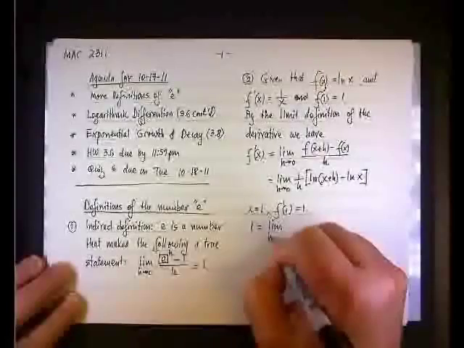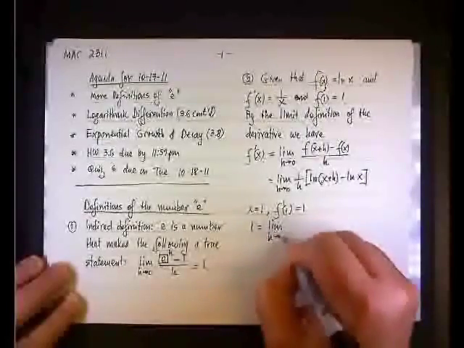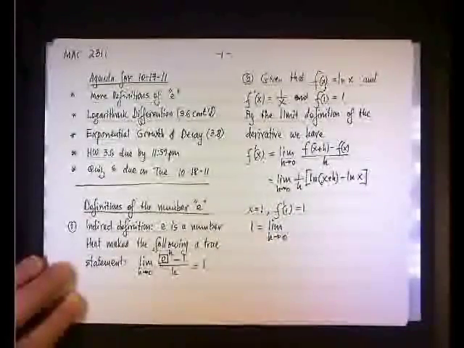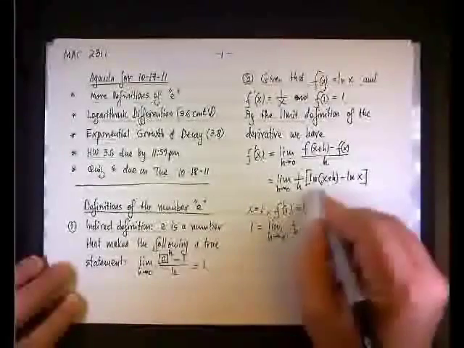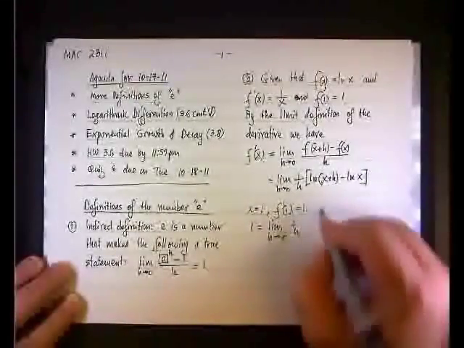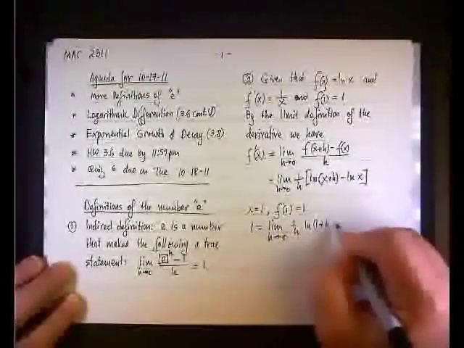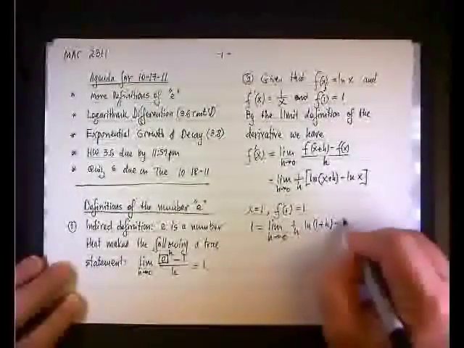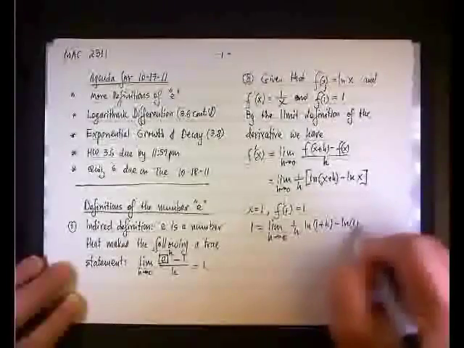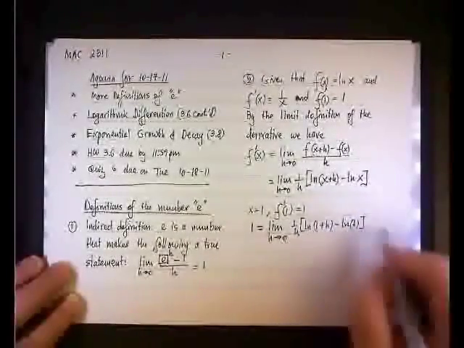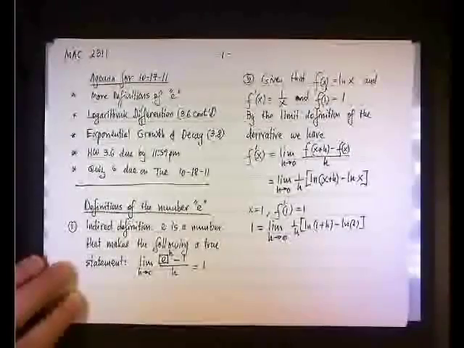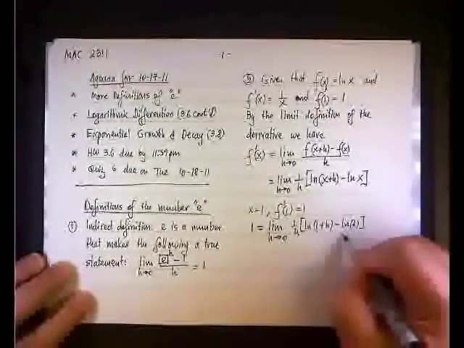So on the right side, we have the limit as h approaches 0, 1 over h, but instead of natural log of x plus h, we'll have the natural log of 1 plus h, like so. And then minus the natural log of 1, but recall, the natural log of 1 is 0, right?